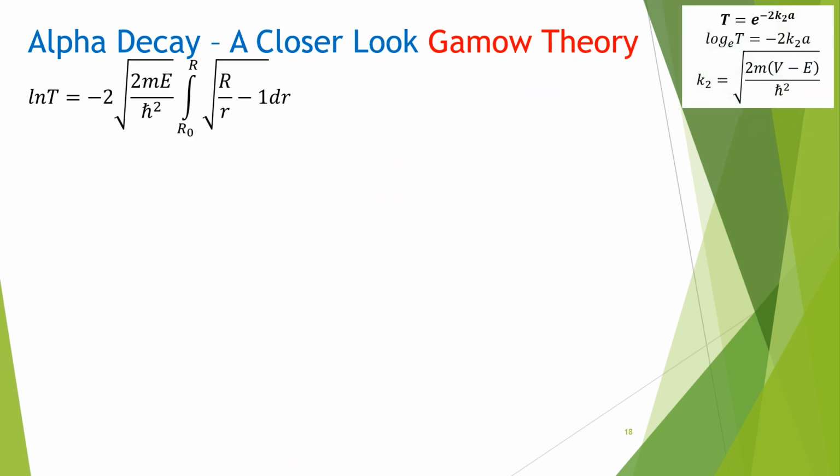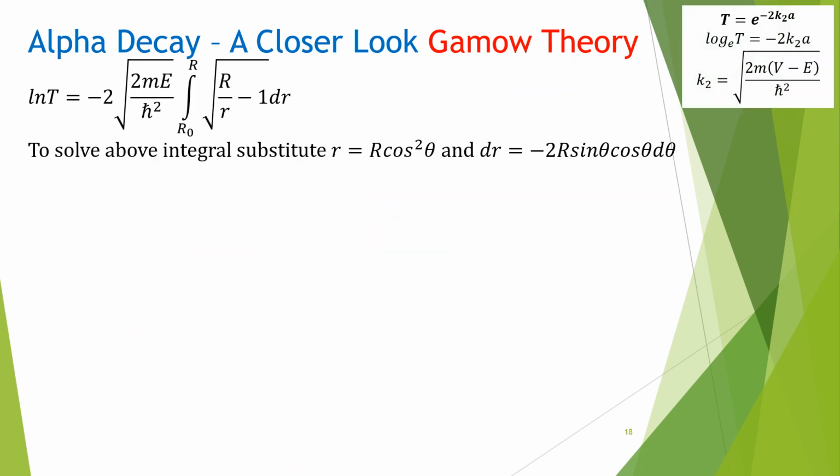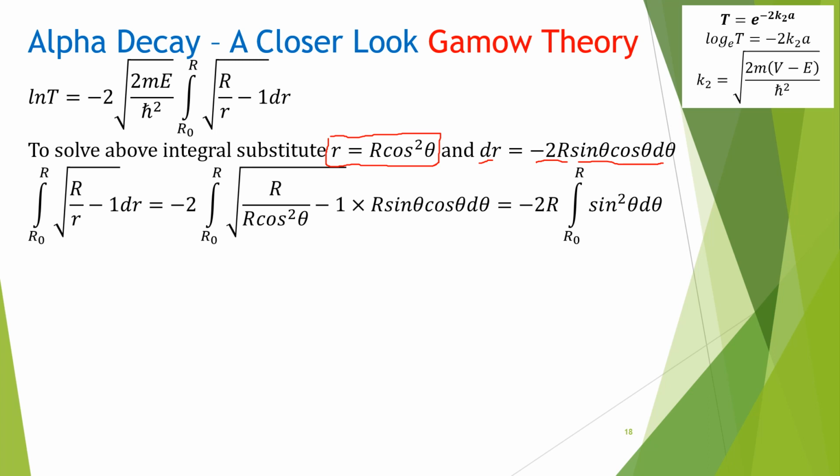Now let us rewrite the previous equations, and we want to solve this integration. To solve this, we are going to substitute small r equal to capital R into cos square theta, and dr will be minus 2R sin theta into cos theta d theta. So we shall substitute small r equal to capital R into cos square theta.